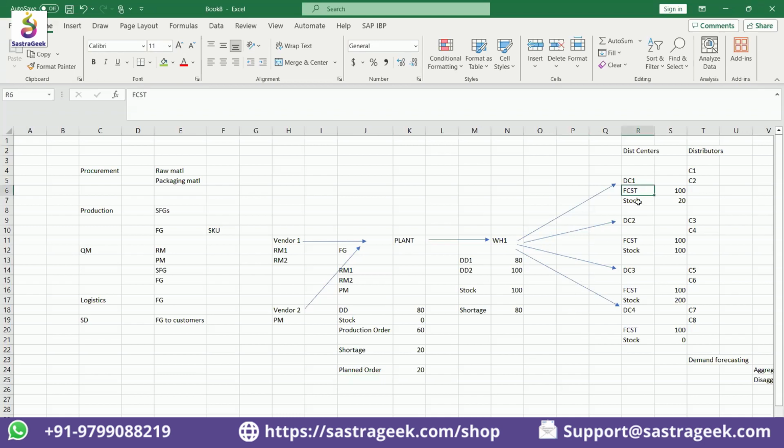This is the forecast. This is my stock on hand. When my planning engine runs, it will calculate stock transfer requisitions individually, to pass these shortages back to the supplying location, where I would see dependent demand. In terms of ECC, you would also see it as a stock transfer release.